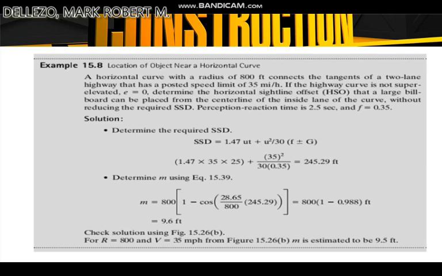Next is example 15.8, locations of object near horizontal curve. So we have this problem. A horizontal curve with a radius of 800 feet connects the tangents of a two-lane highway that has a posted speed limit of 35 miles per hour, while the highway curve is not superelevated, e equals 0.